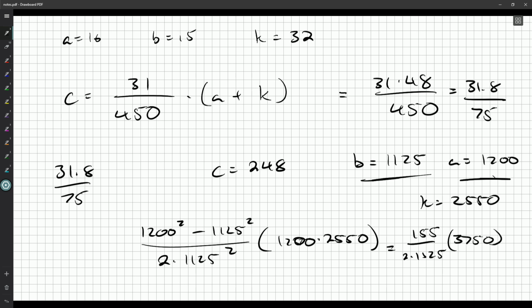Yeah, something's hinky, something's wrong. So the c value that I get doesn't scale the way it's supposed to, because I didn't get 248 there. Just redoing my calculation here.